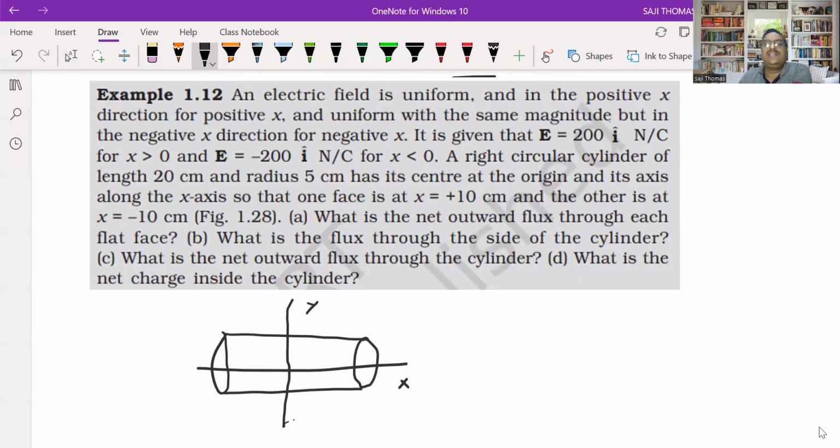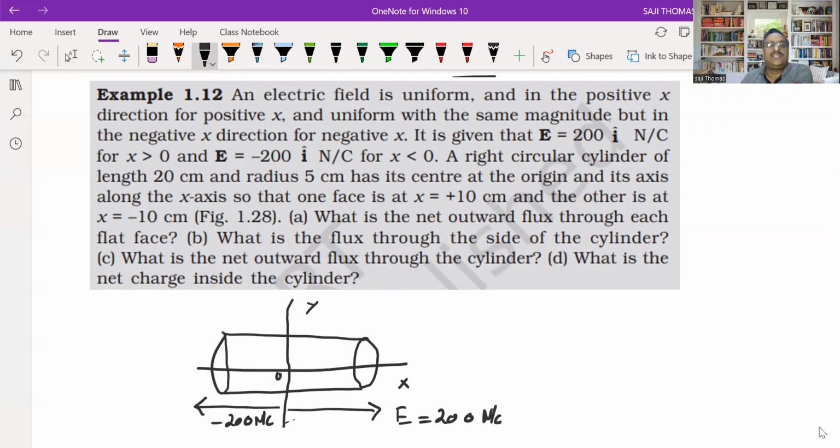It is given that E is 200 i hat for x greater than 0. That means along the X direction, the electric field is 200. i hat means the positive X direction. And for the negative X direction, along the negative X axis, here the electric field is minus 200. It is given.